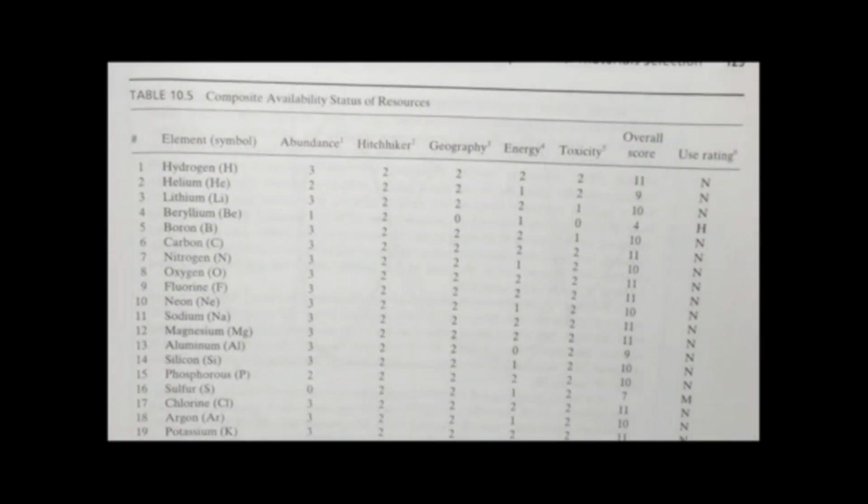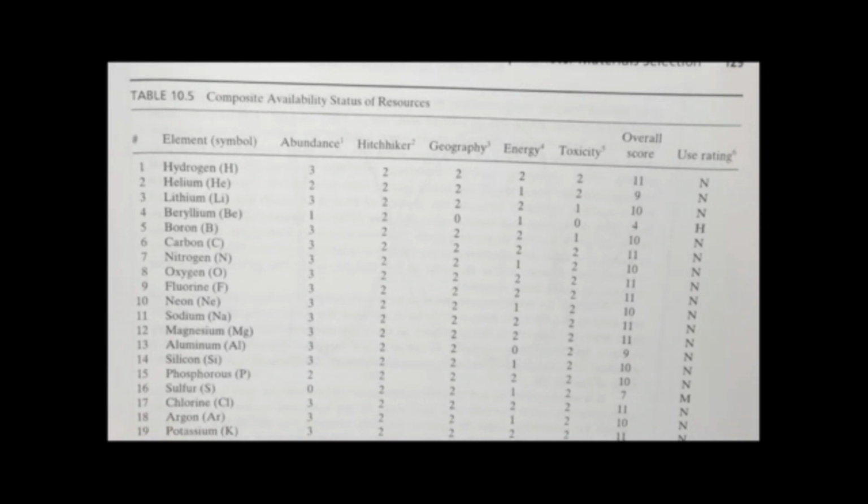This is a material selection chart, and it looks like so, right? So on the leftmost column you have various elements like lithium and beryllium and carbon and nitrogen and so forth. Here are the various parameters. So you're looking at abundance, we're looking at whether it's available on its own, that's what abundance means, or is it a hitchhiker.